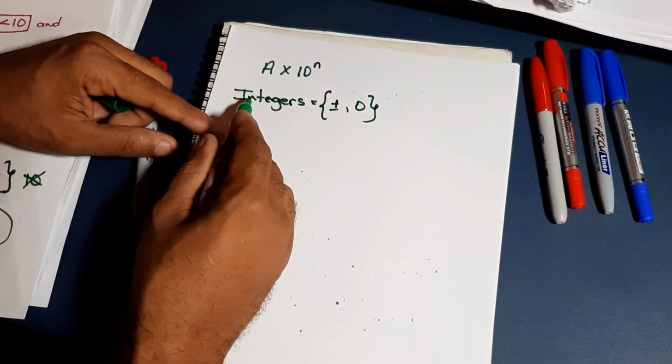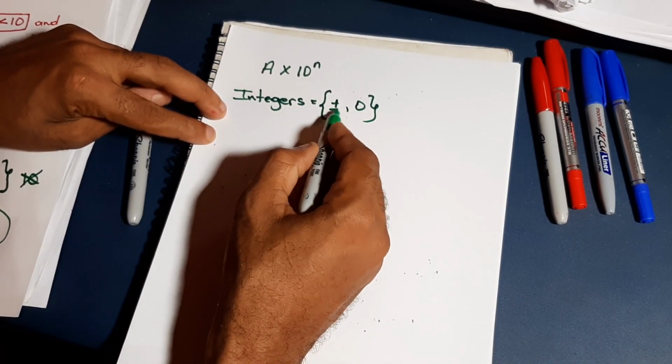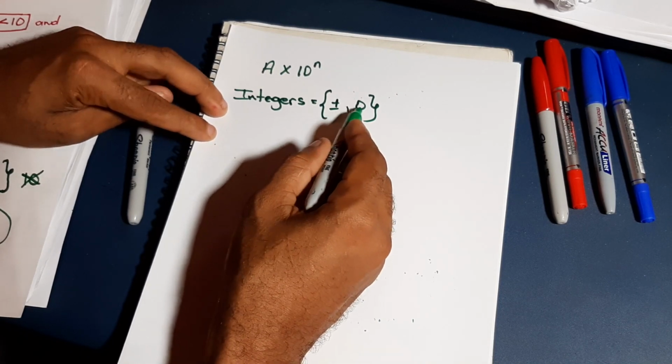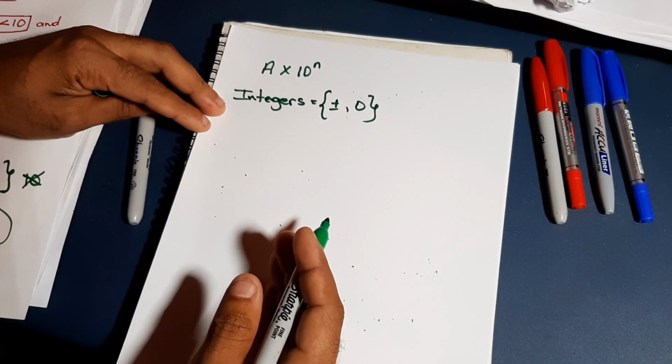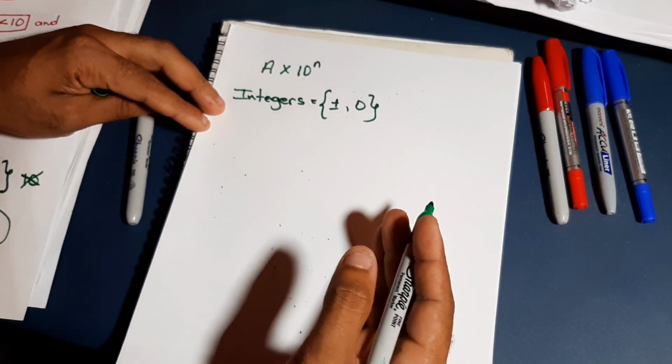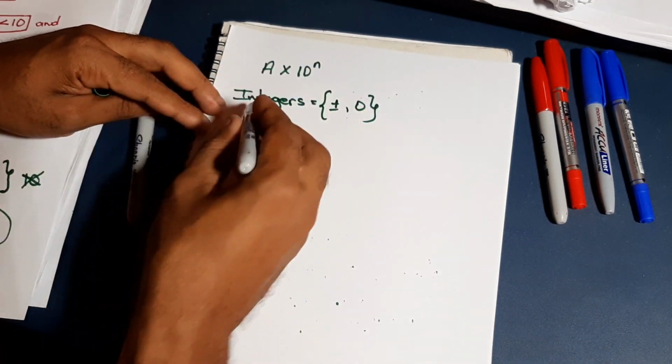How I explained it, I would define it as integers are positive and negative numbers including 0. Why did I say including 0? Because 0 is neither negative nor positive, but 0 is the first whole number. So these would represent n, integers.